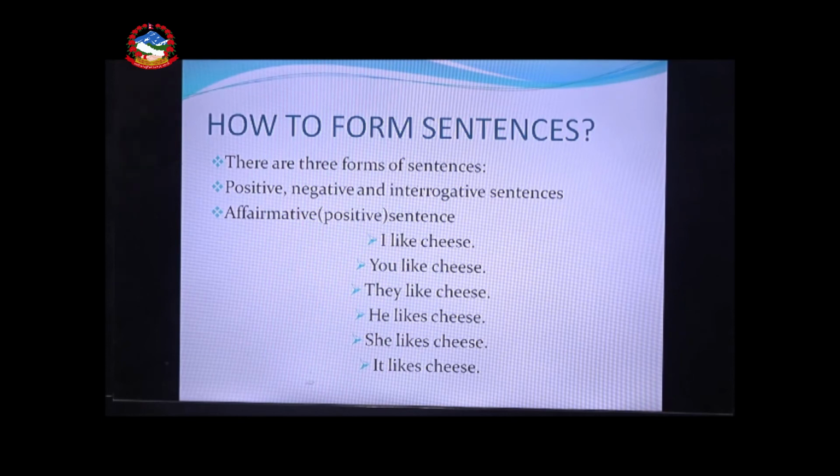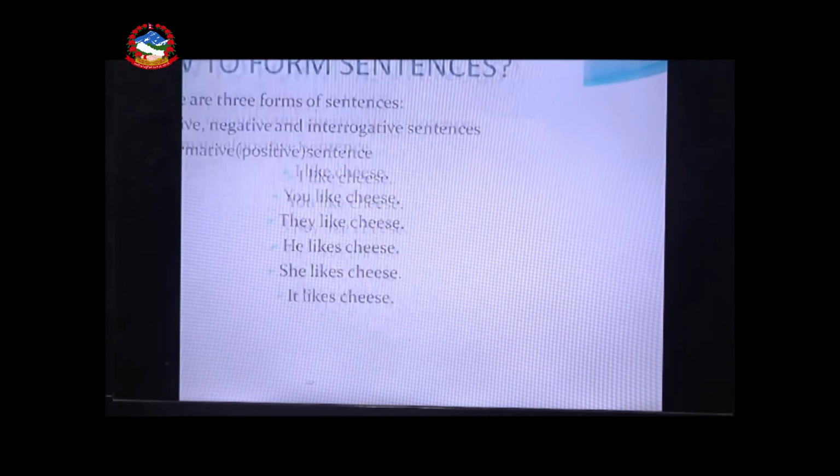They like cheese. And he likes cheese. She likes cheese. And it likes cheese. These are the affirmative sentences or positive sentences in simple present tense.